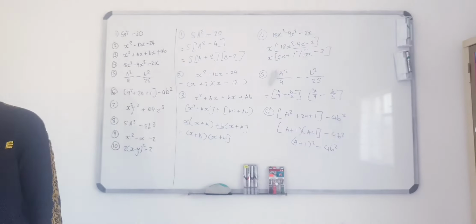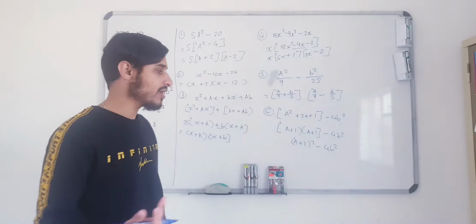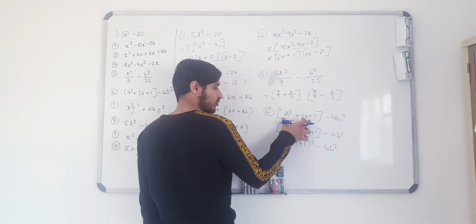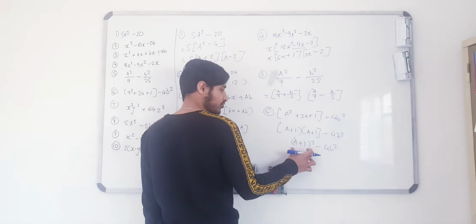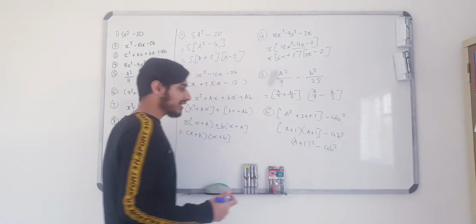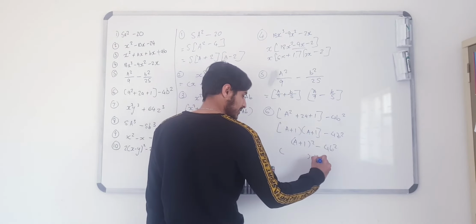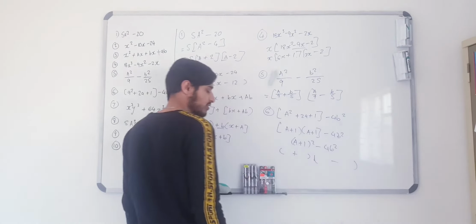Now you're looking at this. Do you agree you have difference of two squares? Why, youngsters? Can you see that's a square, that's a square? So what did I do here? First I did trinomial. Once I got my trinomial, I added those two. Then I could do difference of two squares. Now that I can do difference of two squares, what do I know I need to do? I need to open up two brackets. One bracket needs to have a plus, one bracket needs to have a minus.